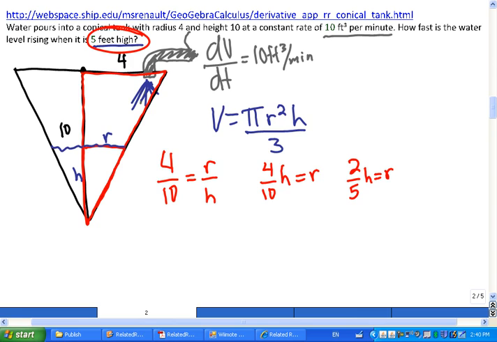So if we substitute that back in, this will become pi, and the radius now is the same thing as 2 over 5 h, squared. And the way I'm going to want to work with this, if I square 2 over 5, what do I get? 2 over 5 squared is, we've forgotten over Christmas break possibly?